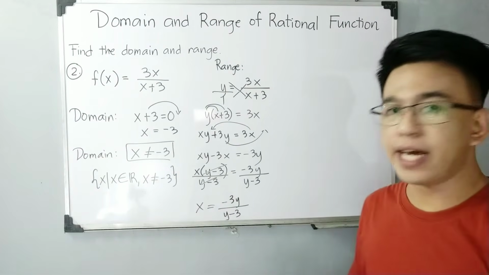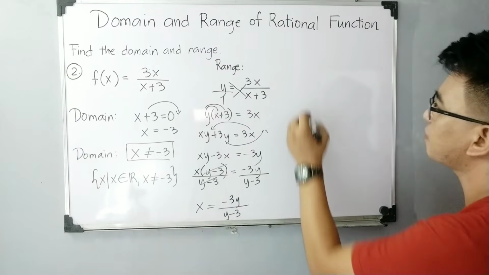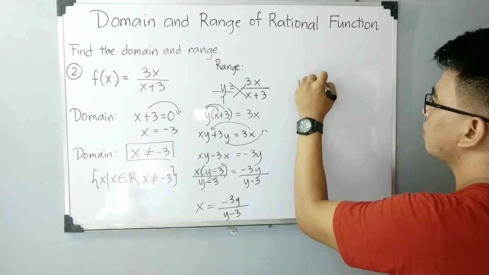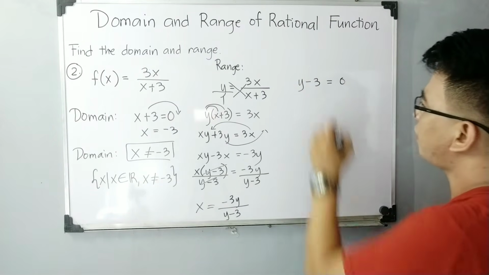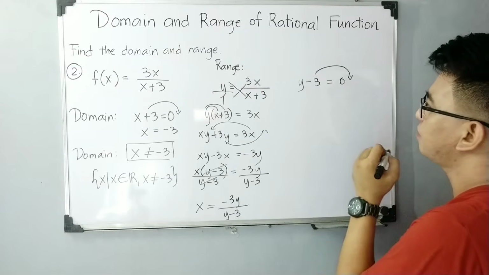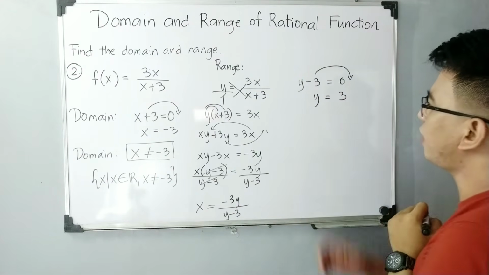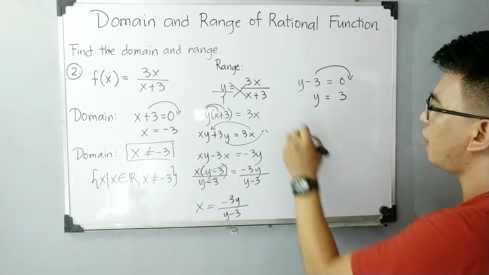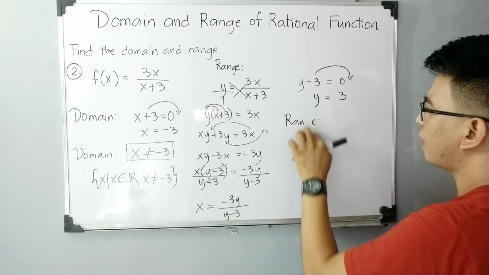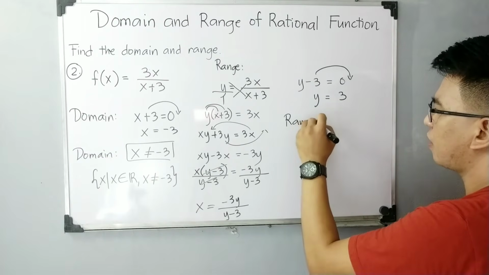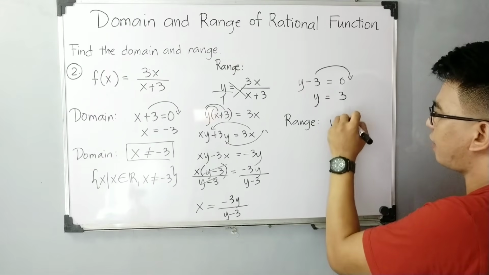Ngayon, hindi pa tayo tapos, guys. Puntahan nyo yung denominator. Our denominator here is y minus 3. So, equate it by 0. Okay? Transpose to the other side. Your y is equal to 3. Ngayon, if this is y is equal to 3, ang magiging range natin, guys, ay ito. Your range is y is not equal to 3.